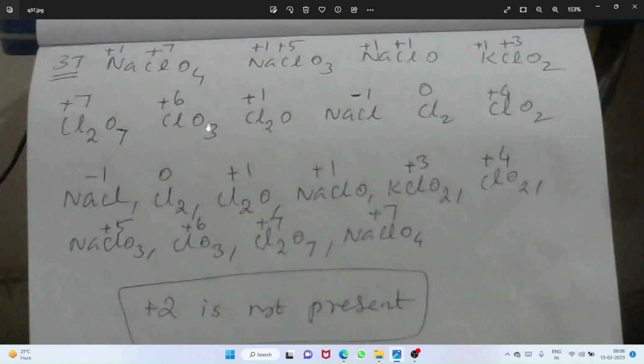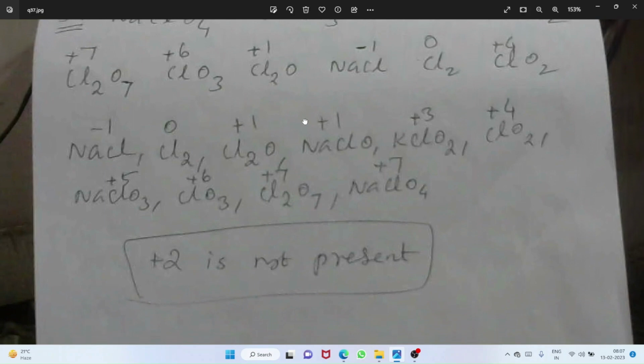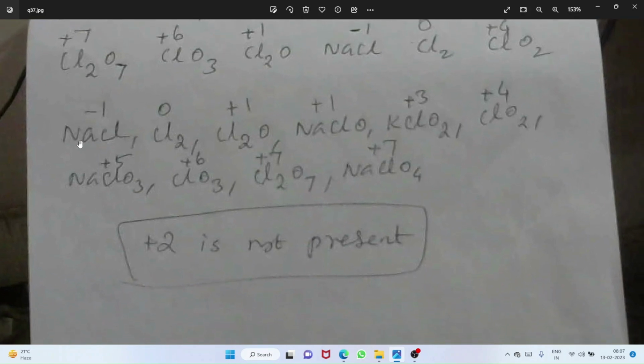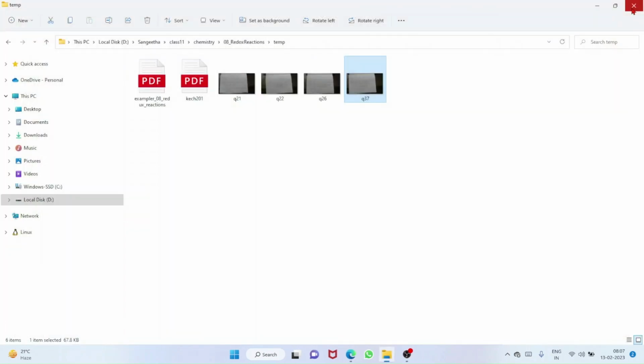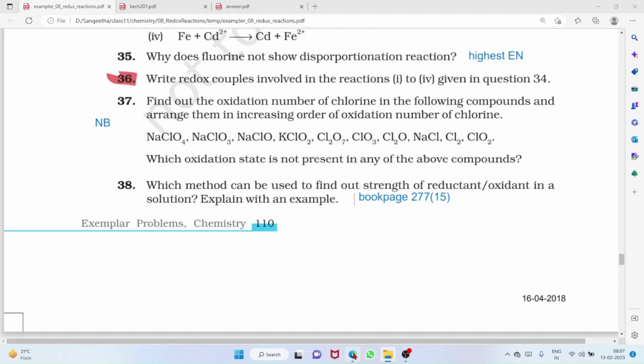Okay, like that you can find out the oxidation number based on the various rules. Then you arrange in increasing order. So negative 1, 0, 1, 3, 4. So plus 2 is not present. Plus 2 oxidation state. Minus 1 to plus 7. The plus 2 is not present. Okay, so which oxidation state is not present? Plus 2 is not present.